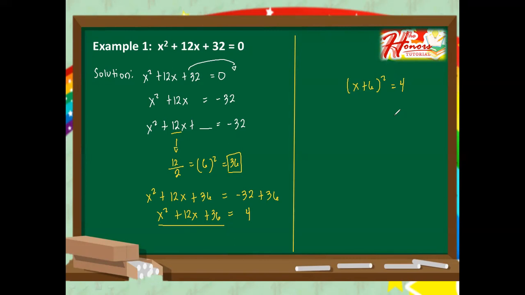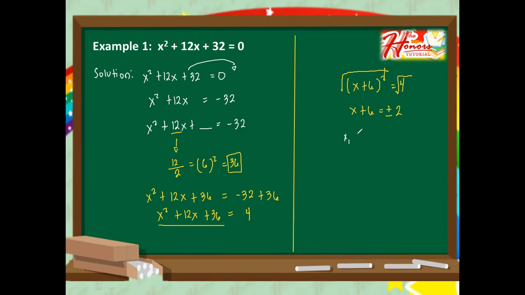And then in order for us to get the value of x here, we have to get the square root of the left side of the equation and also the square root of the right side of the equation. So cancel, it will become x plus 6 equals square root of 4, that is positive negative 2. And then of course, let's get x sub 1 or the roots already.